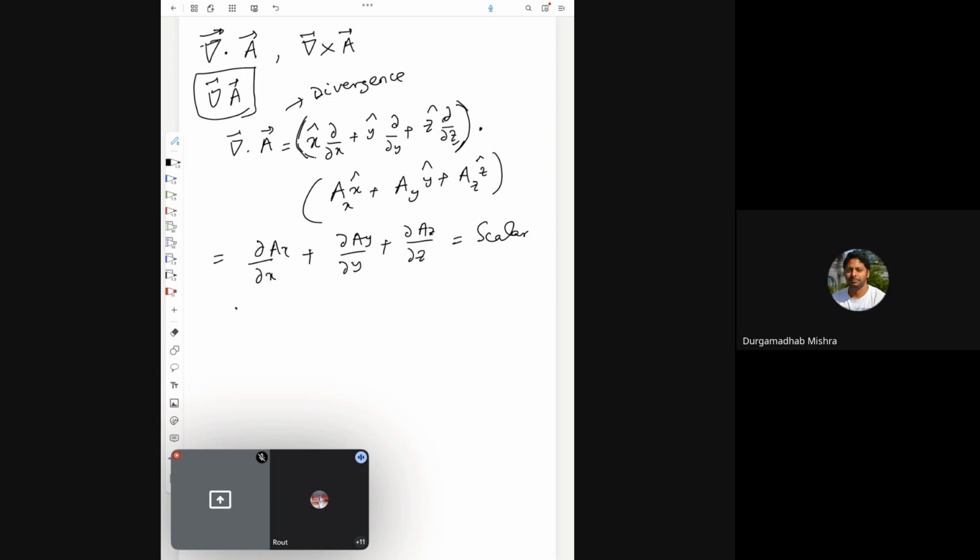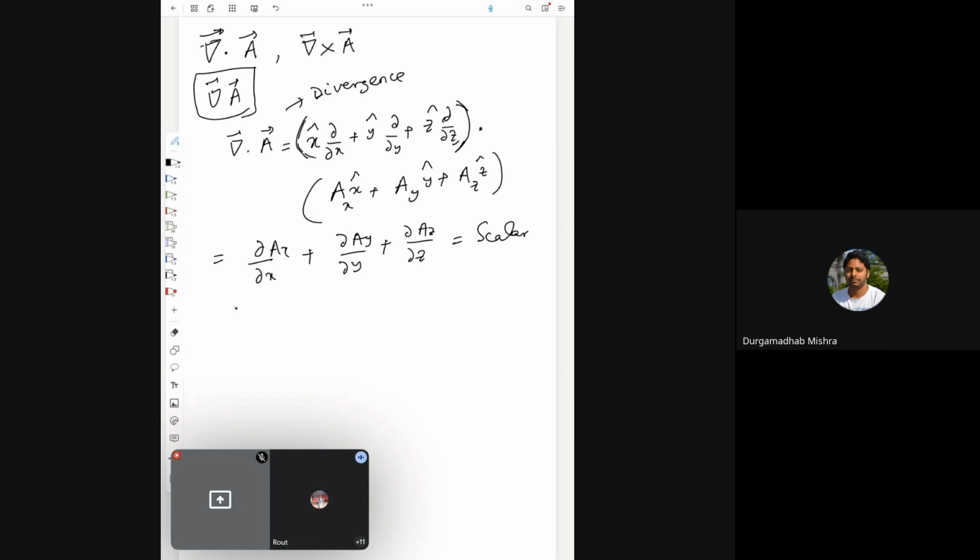If I have some vector or a flow, for example, then how that flow spreads in a space is what I can find out by using this operation.